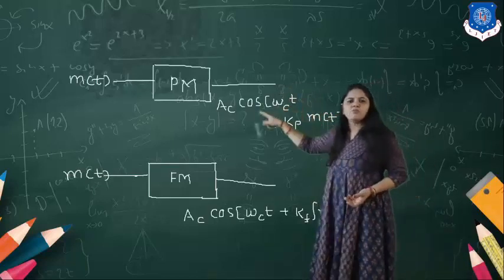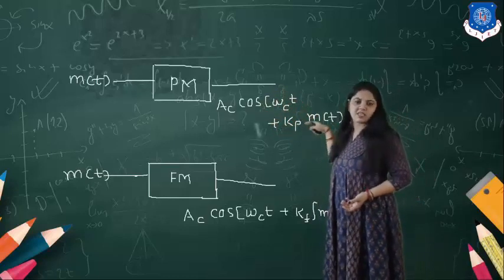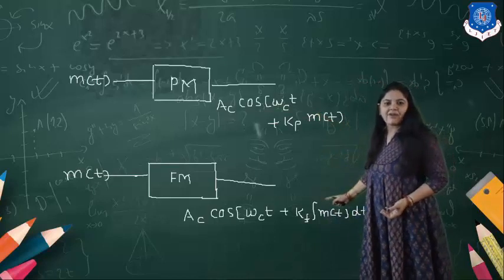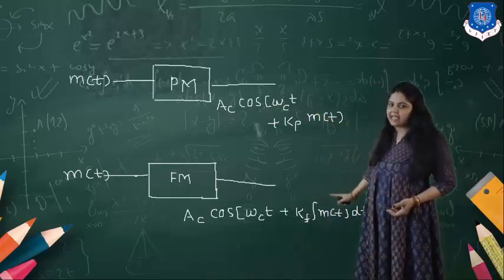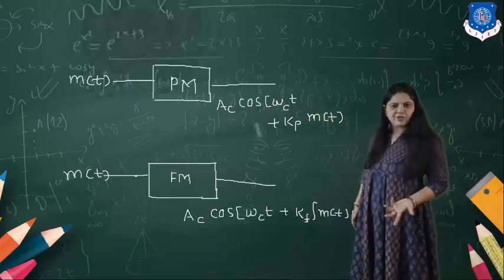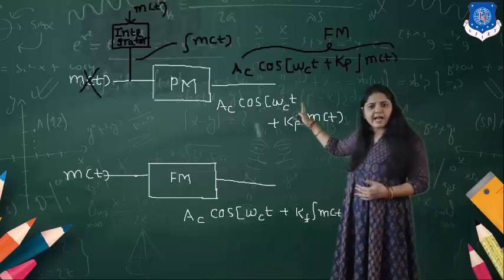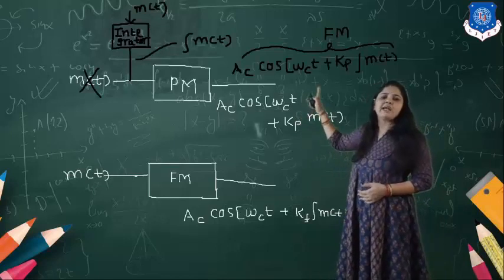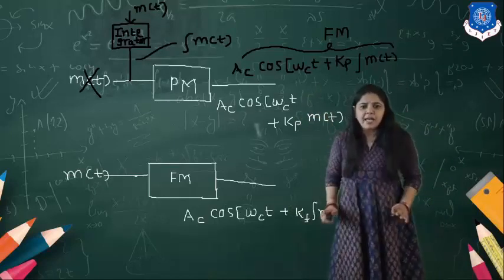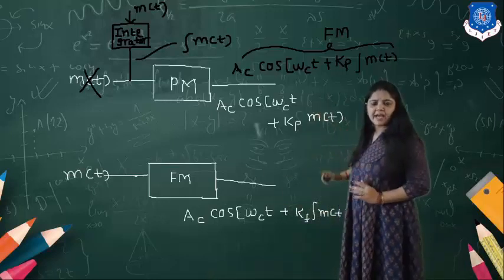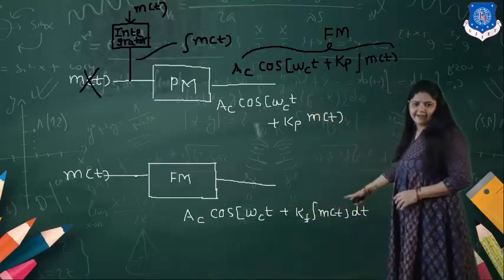So I need to modify this equation to generate the FM wave which would be like this. So what can we do? In this block diagram, I will not apply the m(t) signal directly to the PM, but now I want the integrated output.